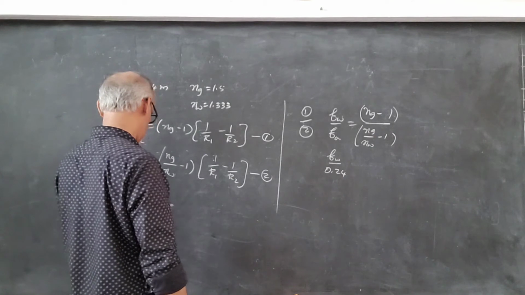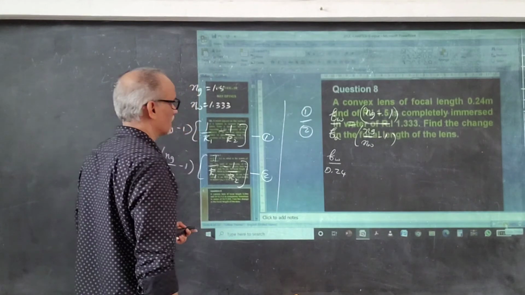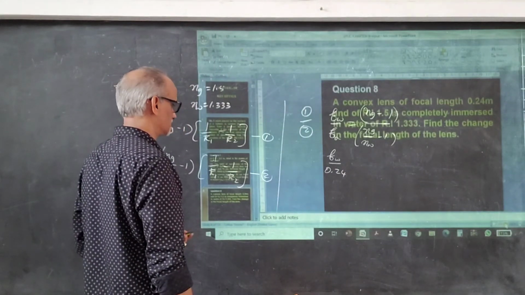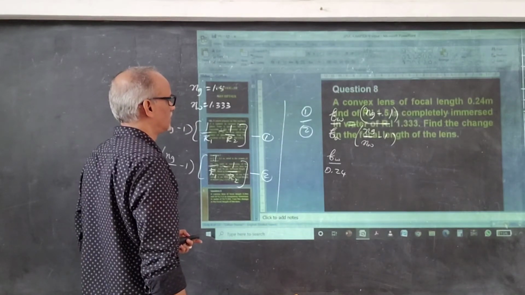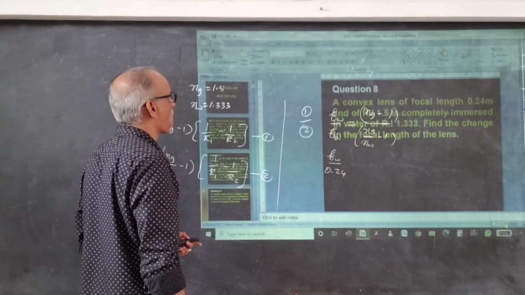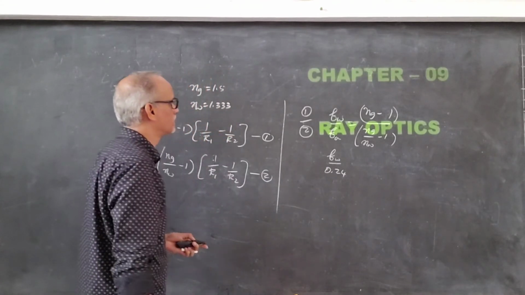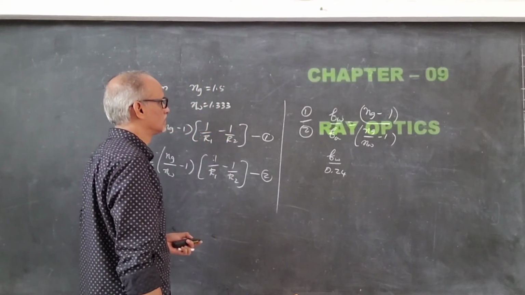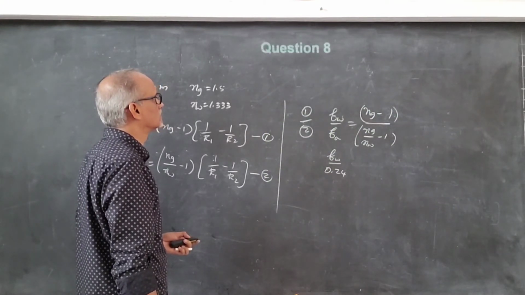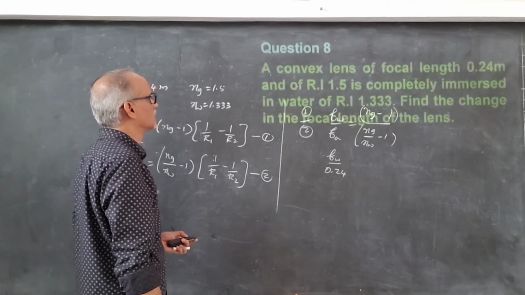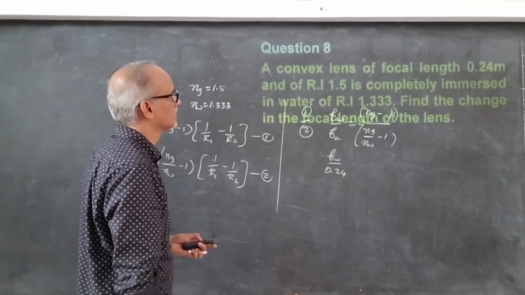So this is a convex lens of focal length 0.24, fine.